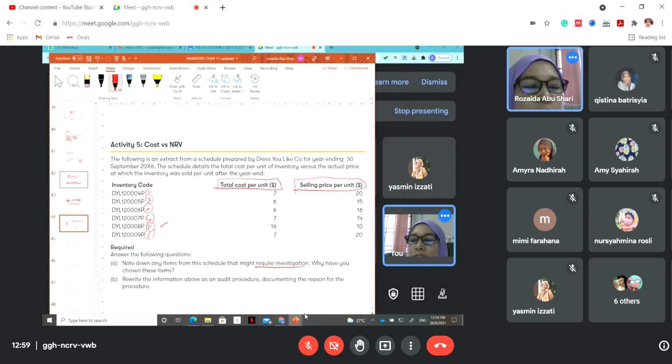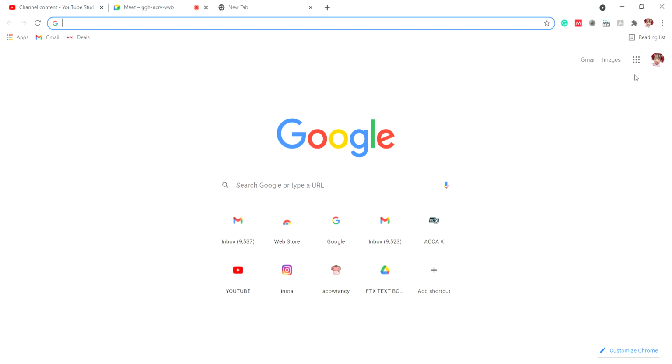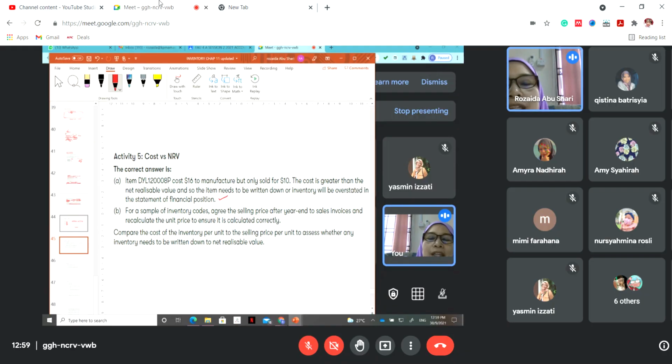Yes, good. Let's look at the answer. The cost is greater than the net realizable value, so the item needs to be written down or inventory will be overstated in the statement of financial position. So what is the procedure?